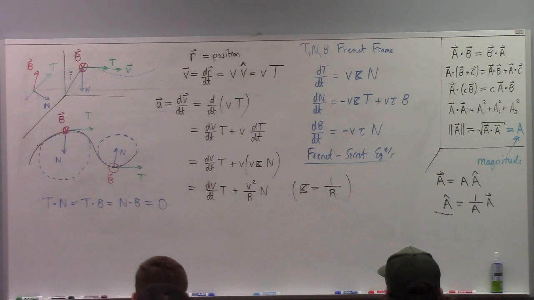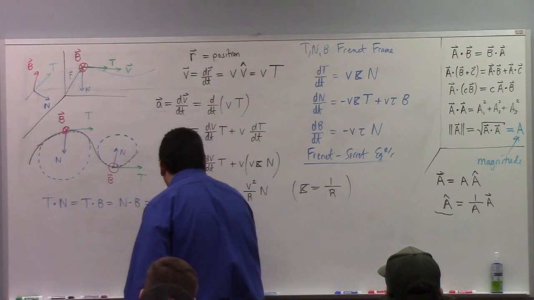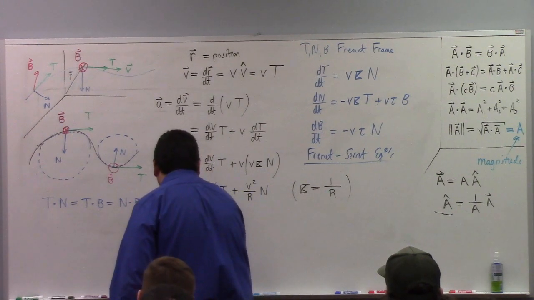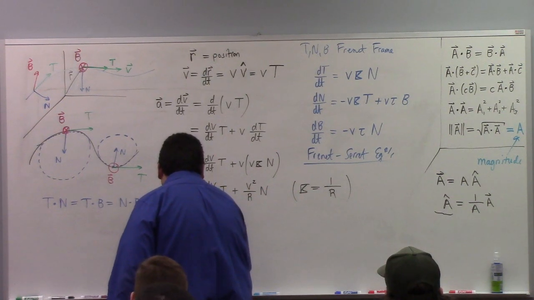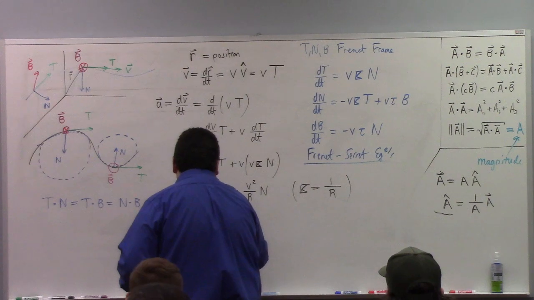But t and n here are perpendicular vectors. So what's the length? If I was to draw a picture of this, it would look like this. So this is A. If this is dv dt times t, then this guy over here would be v squared over r times n.